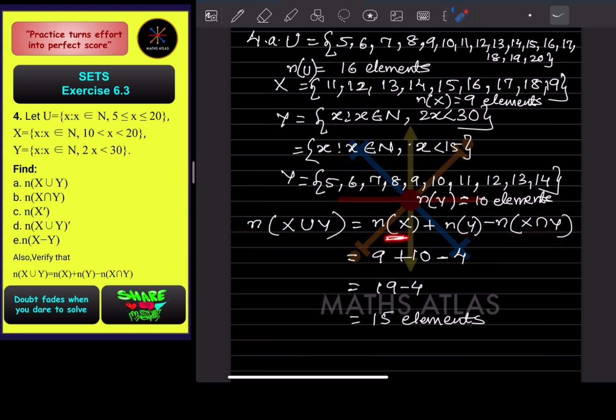So n of x, we already know this is 9. So we'll write here 9. N of y, we already found that n of y is 10. So we'll write here 10. And n of x intersection y. So intersection means in both of them, can we see here x and y? So how many do we have here?